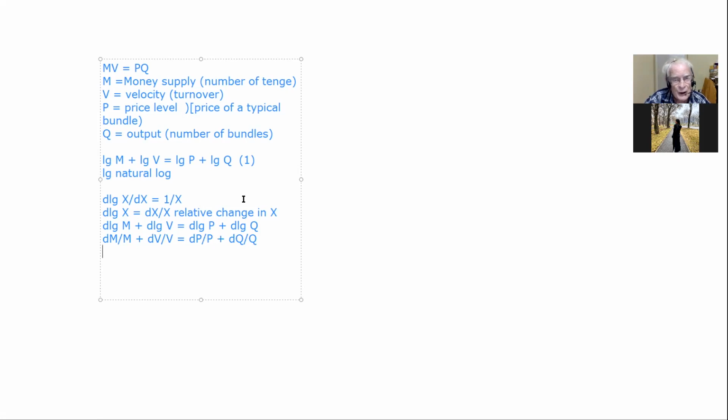I just wanted to show you the intuition, the logic behind this final expression, which says that the relative changes on both sides of the equation are the same.